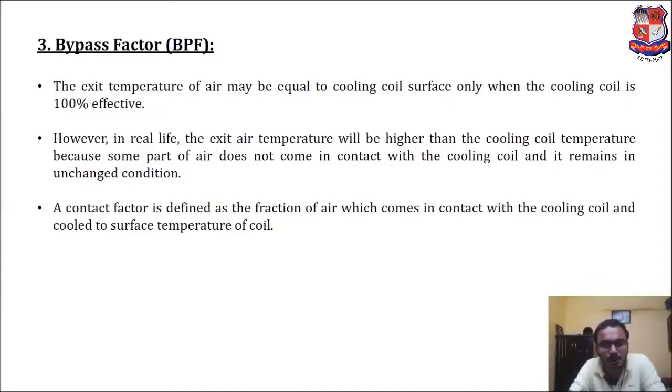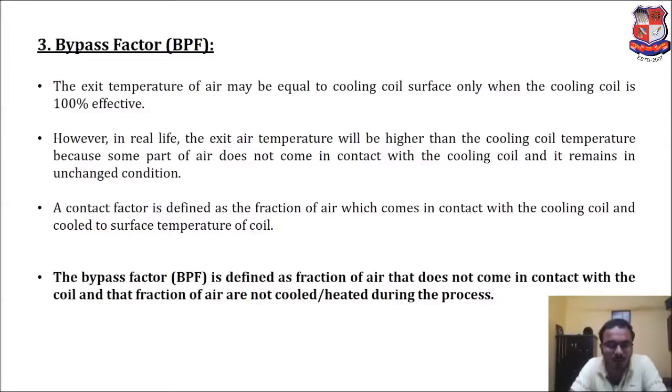A new factor is the contact factor. Contact factor is defined as the fraction of air which comes in contact with the cooling coil and is cooled to the surface temperature of the coil. And the bypass factor is defined as the fraction of air that does not come in contact with the coil, and that fraction of air is not cooled or heated during this process.